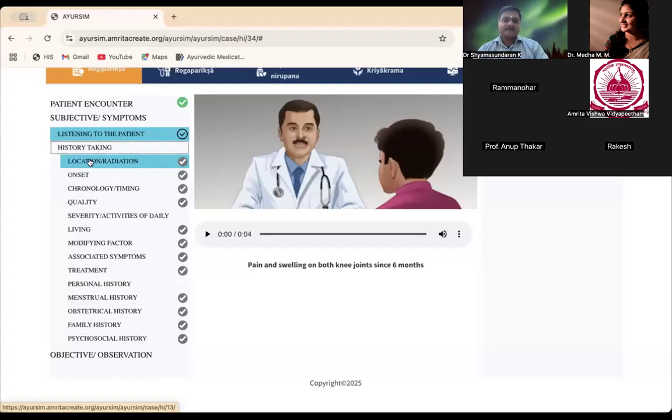Initially you will look at location or radiation, onset, chronology, quality, severity, modifying factor, associated symptoms, treatment, personalization, all of these. Only when you come to know about all of this will you get a whole picture of what the patient is suffering from.